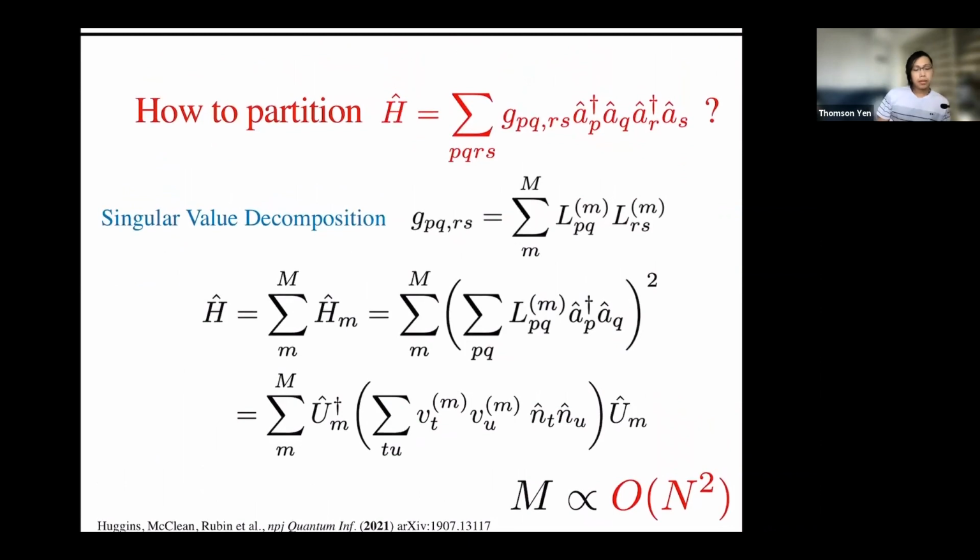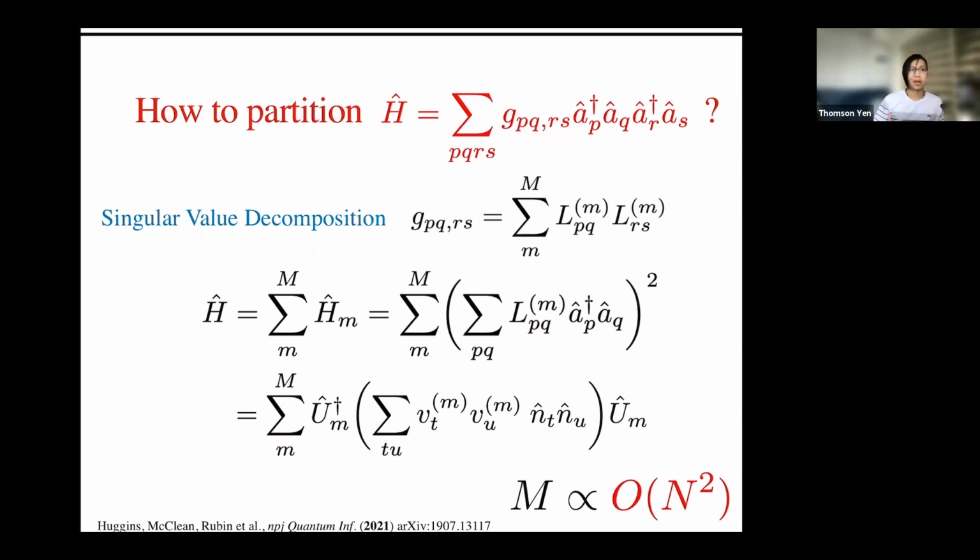So in the following slides, I'll refer to the Google and Berkeley method as a singular value decomposition, and you'll see why in how we decompose the two-body terms. So the first thing we do is, G_PQRS is a 4-mode tensor, but you could think of it as a matrix if you group the PQ indices and if you group the RS indices into one.